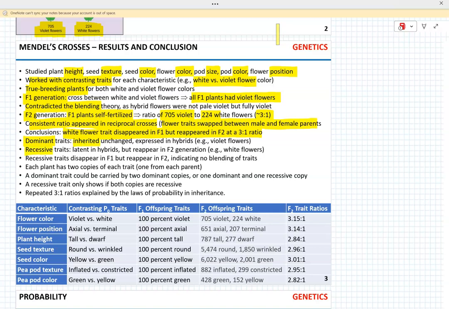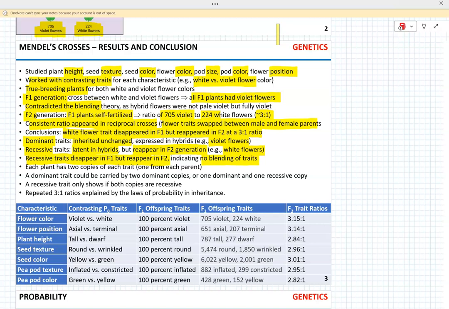Dominant traits are inherited unchanged, and they are always expressed in hybrids, e.g. violet flowers. Recessive traits are latent in hybrids, but reappear in the generation F2, in this case, white flowers. Since recessive traits disappear in F1, but reappear in F2, that indicates that traits aren't blended.